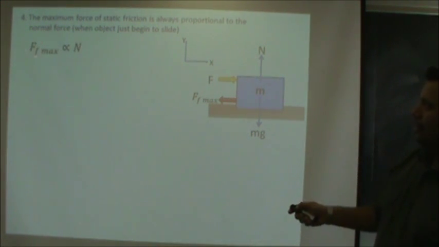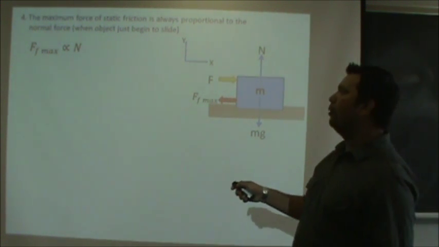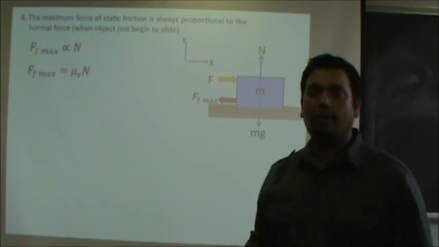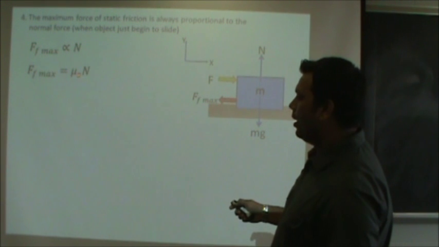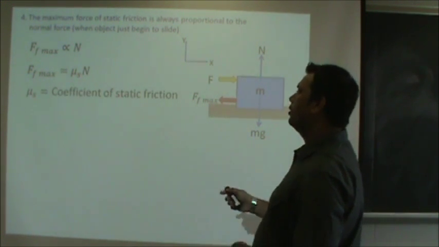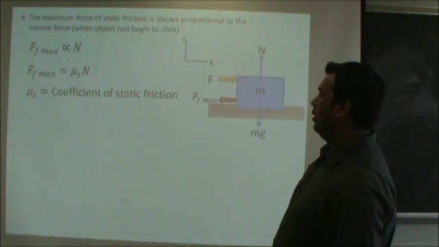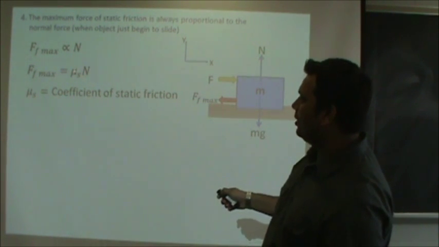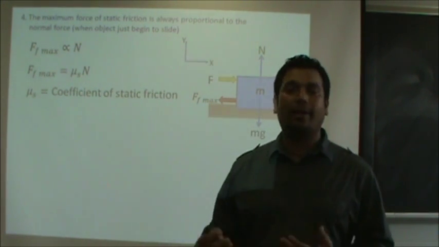That is, F max is proportional to the normal force N. Now we want to remove this proportionality sign, and we can do this by using a constant, mu s, where s represents static friction, and this mu s is called the coefficient of static friction. For a moving object, we call it the coefficient of kinetic or dynamic friction.